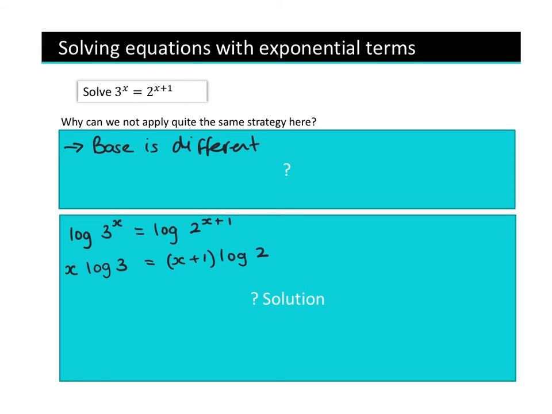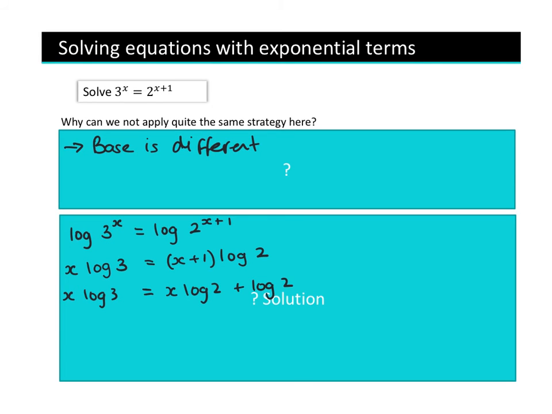Put this into your calculator, you're going to get a horrible decimal. Imagine this is like a third. We're just writing it as log 3 for now; we're going to keep it exact. So here, I have x log 3 equals, I'm going to multiply this bracket. X multiplied by log 2 is x log 2. 1 multiplied by log 2 is plus log 2.